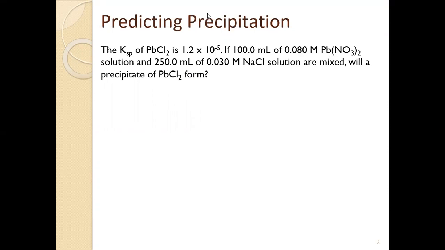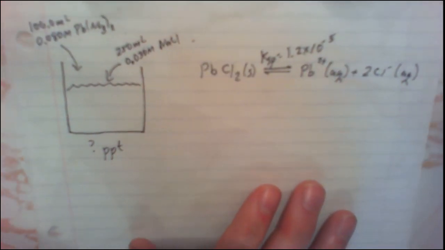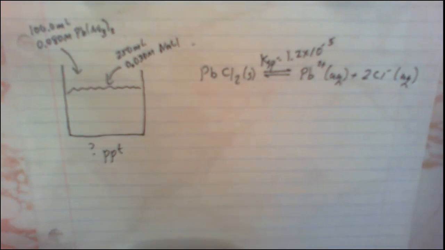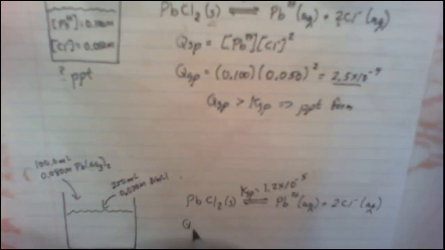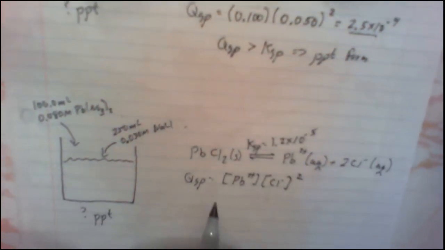So our overall goal is still to calculate QSP. We still want to calculate the product of the concentration of lead times the concentration of chloride squared, and then, as in the first example, compare that to KSP to decide whether or not a precipitate is going to form.